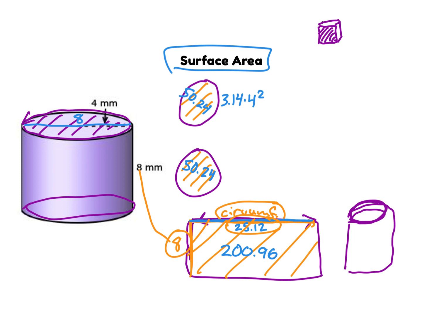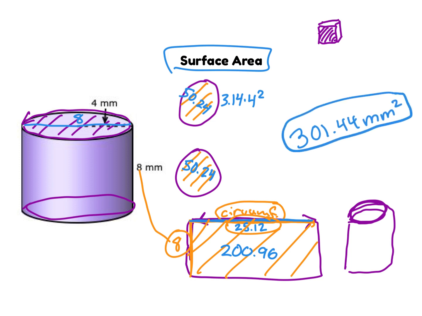So I'm going to take 200.96 plus 50.24 plus another 50.24 for a total surface area of 301.44 millimeters squared. Area, whether it be regular area or surface area, is squared. We're measuring a flat surface.